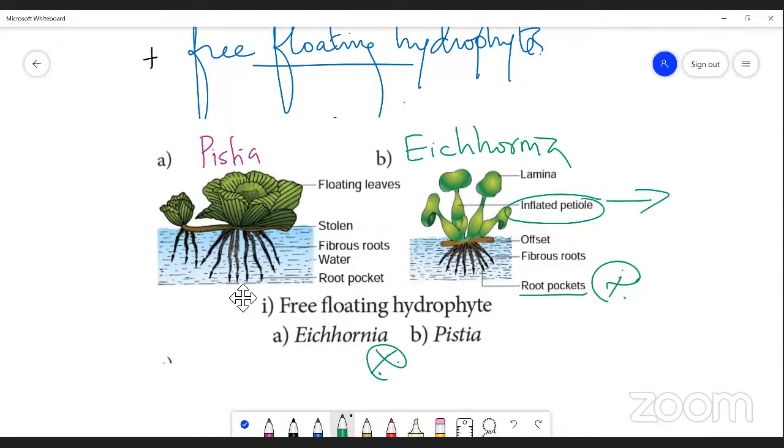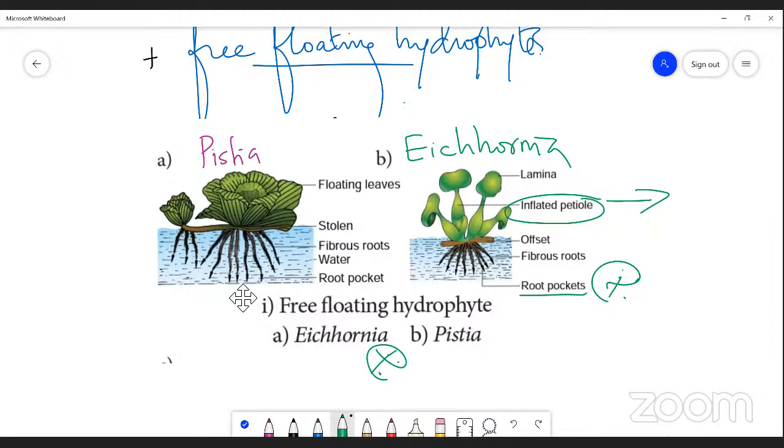In addition to that, you can see the offset is there, and this plant is propagated by offset. Offset is a kind of vegetative propagation by which these plants are reproduced in the next generation. So this is simply something about free floating hydrophytes, right?